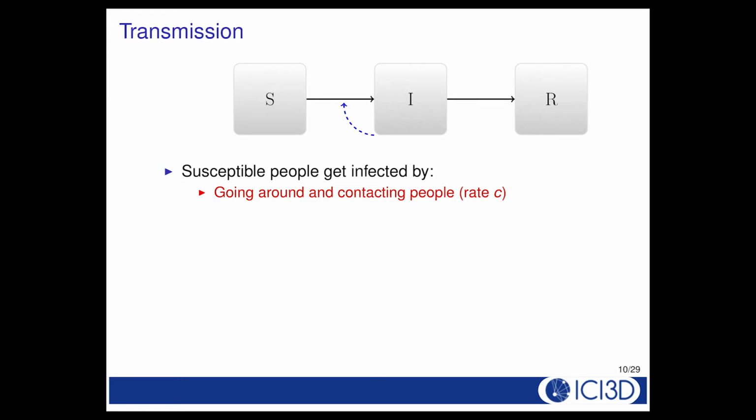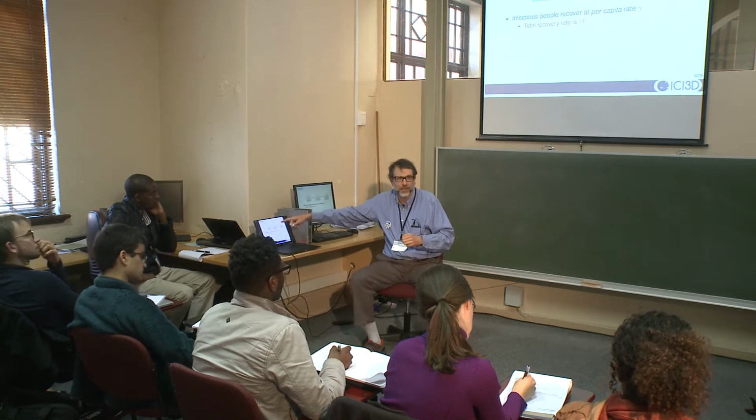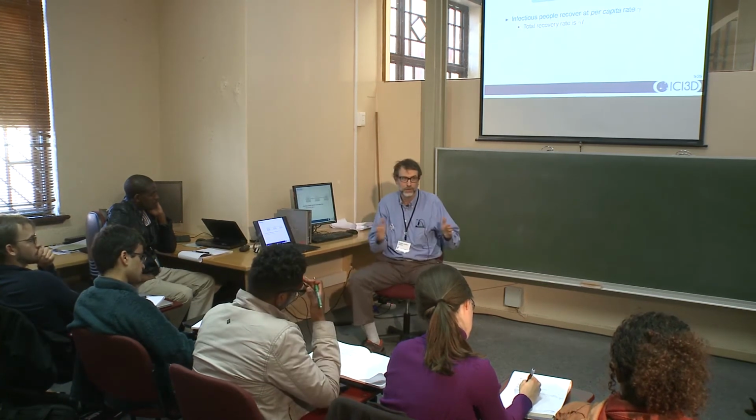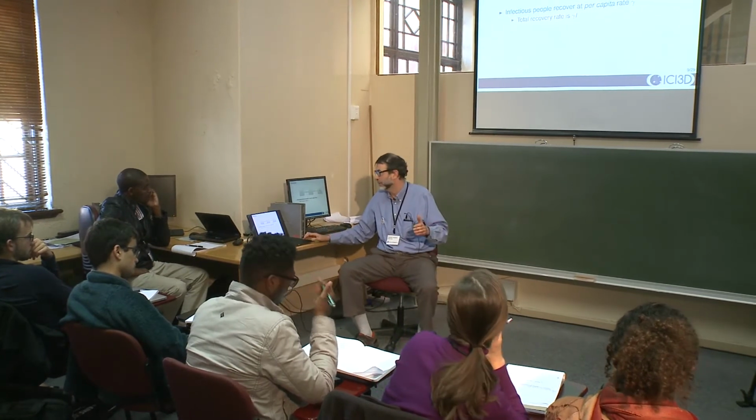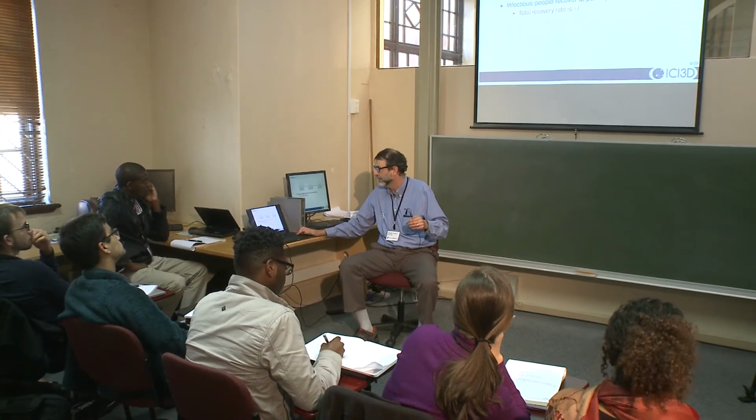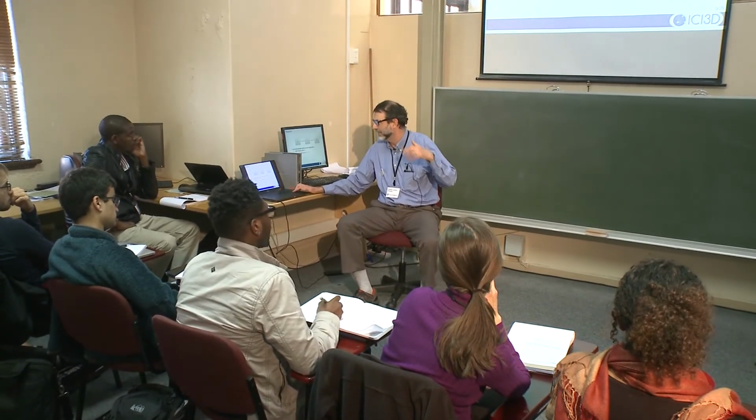So each person has an individual rate of gamma. So if we have I people in box I, then the total rate, the rate we're going to put into our population equation, is gamma times I. That's the rate at which people are moving out of box I. And the mean time that you're going to stay in the box is D.